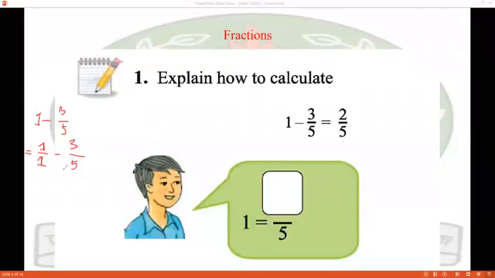So 1 and 5, the denominator of the LCD will be 5. When you divide 5 by 1, you get 5, so you write the numerator 1 multiplied by 5, minus, when you divide 5 by 5, you get 1, so you write 3 into 1.